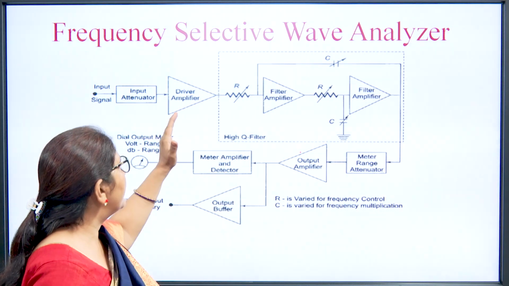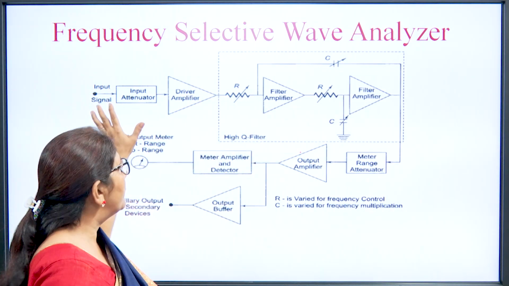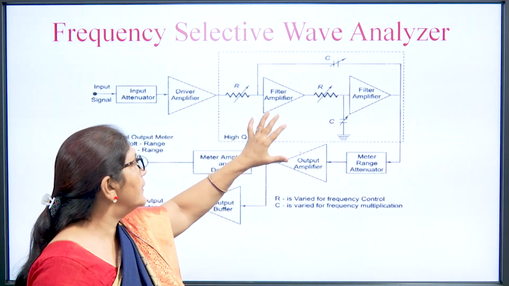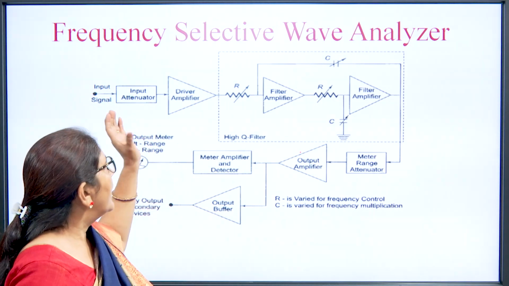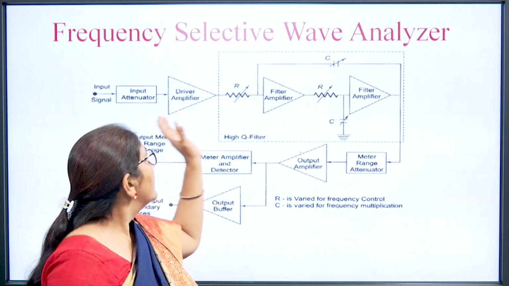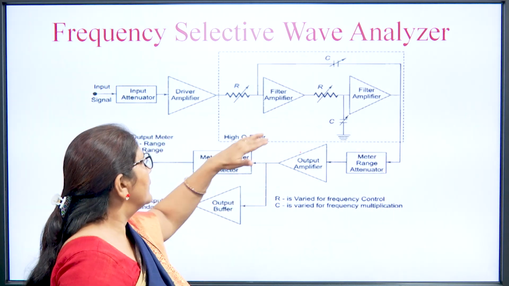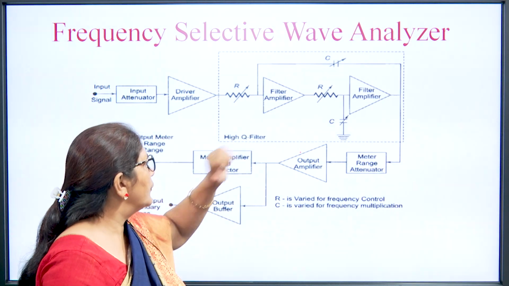The driver amplifier's function is to isolate this filter circuit from the input circuit, so that the filter circuit will not affect the input signal, and similarly the input circuit will not affect the performance of this high Q circuit.